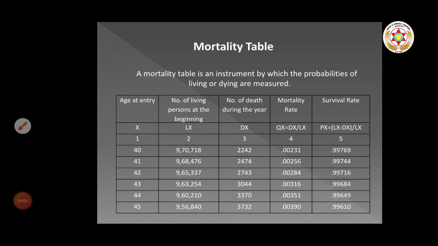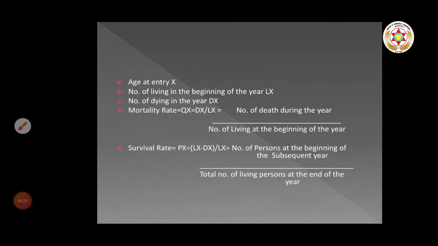Then the mortality rate is qx equal to dx upon lx. Then px is the survival rate. It means you have to deduct the number of deaths during the year from the number of living persons at the beginning, then divide it by the number of persons at the beginning. This is the way the formula has been given here. You just check it through this slide.